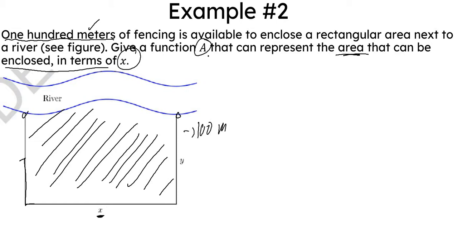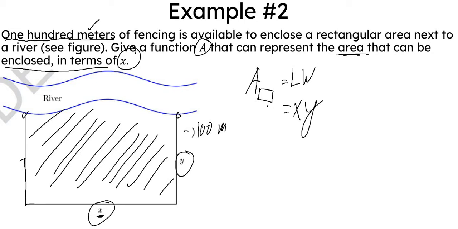So, we know that if it's area and it's a rectangle, we usually have length times width, because that's the formula that we have learned before in our previous maths. However, though, our length is represented by x here, so we can have that as x, while the other width is represented as y, and that would be our area.